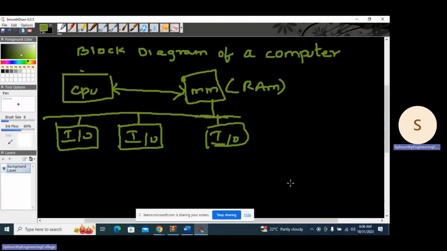Good morning. Welcome back. So, friends, in the last video lecture, we have seen what is the need for programming and how programming languages evolved, how programming languages came into existence. Along with that, we have also seen the programming paradigms, which include procedural programming, structured programming, and object oriented programming.